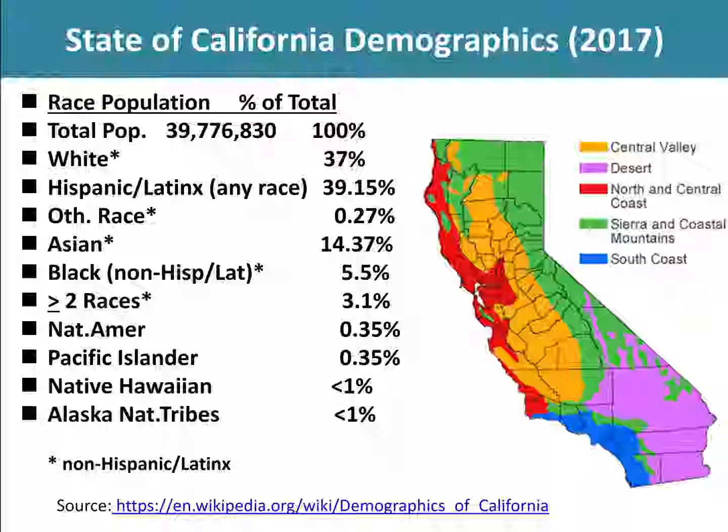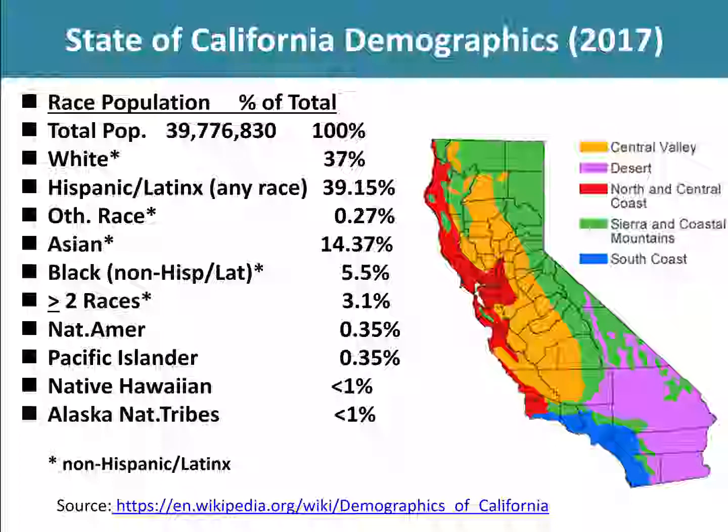As you can see, the total population is almost 40,000, with 37% of the population being white, and as of 2014, Hispanic, Latinx, race ethnicity group has 39% of the population of California. You can see Asian population of 14%, and then less than 10% for the other racial and ethnic groups.